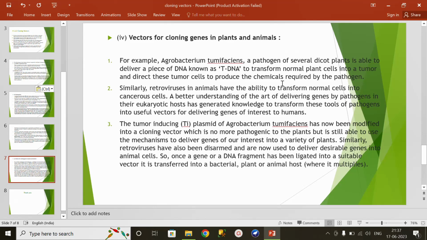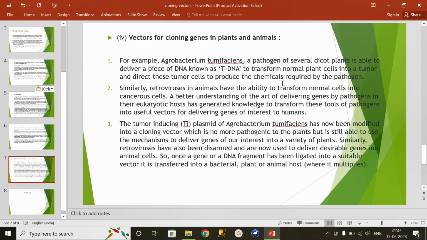Similarly, retroviruses means ancient viruses that contain RNA as their genetic material. Retroviruses in animals have the ability to transform normal cells into cancerous cells. So what can retroviruses do? If they infect us, then they turn normal cells into cancerous cells.